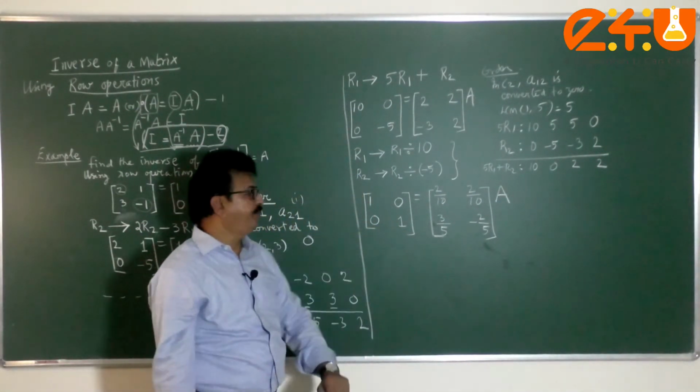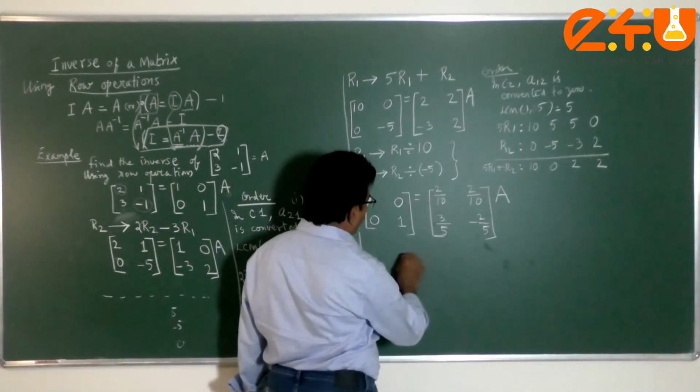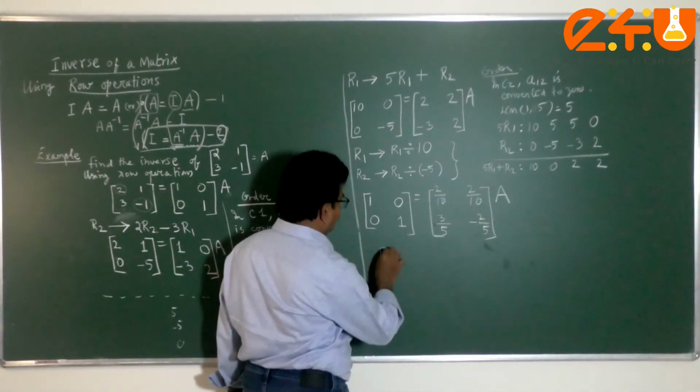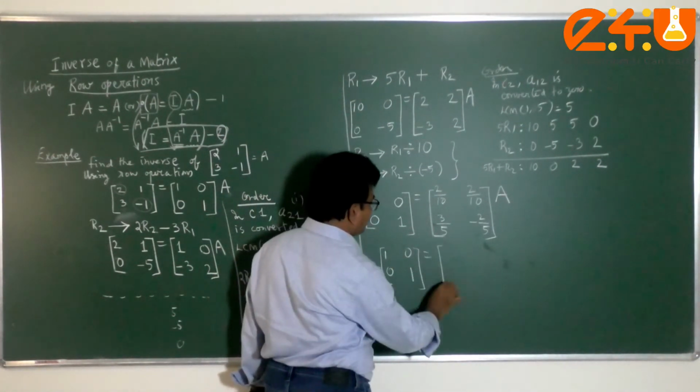Is that over? Done. Well, the row 1 in the RHS requires some simplification.